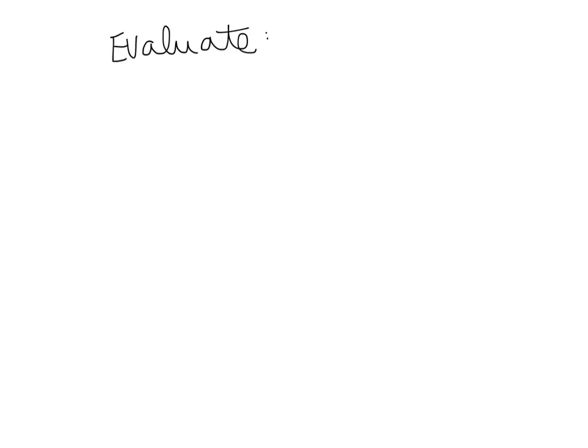Okay, so we're going to evaluate a couple of things, and usually evaluating just means you're going to get a numerical answer. So the first one I want us to do is the cubed root of 8. So what times itself 3 times gives us 8? Well, we know that's 2. Okay, so let's think about if we did the cubed root of -8.